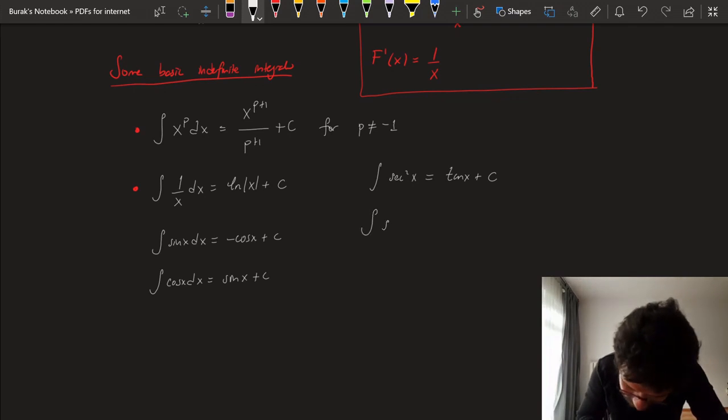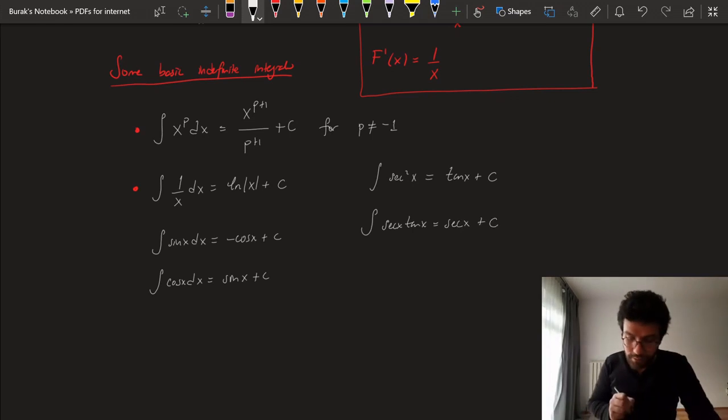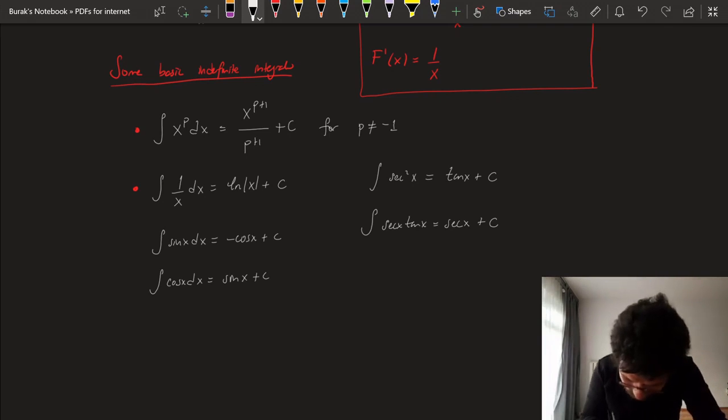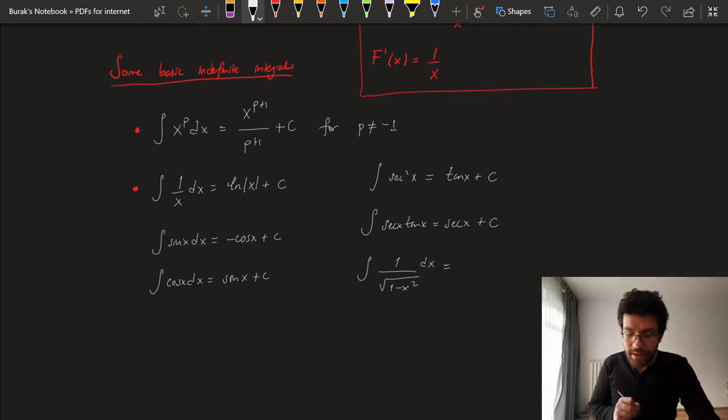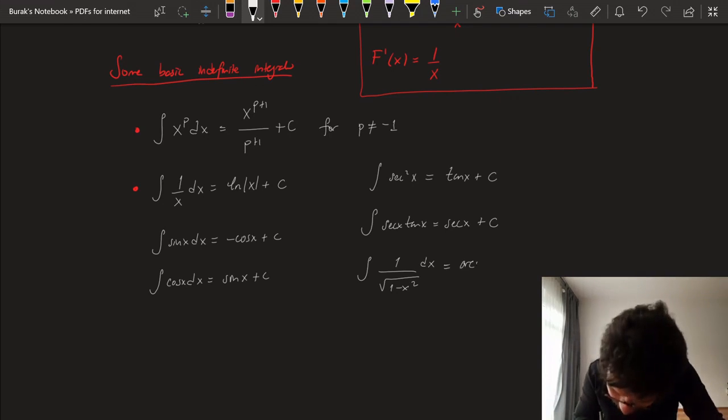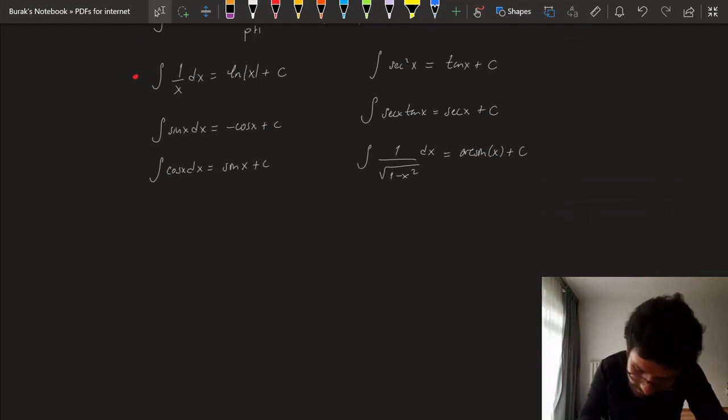The indefinite integral of secant tangent is secant x plus c. What else should I list? Let's involve the inverse trig functions. The indefinite integral of 1 over square root of 1 minus x squared is arc sine of x plus c.